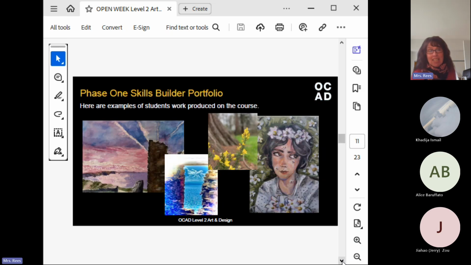And we look at landscape, we look at portrait, we take our own photos, we look at a little bit of photography. So a whole range of these areas which you may not have experienced before, and that's quite normal.